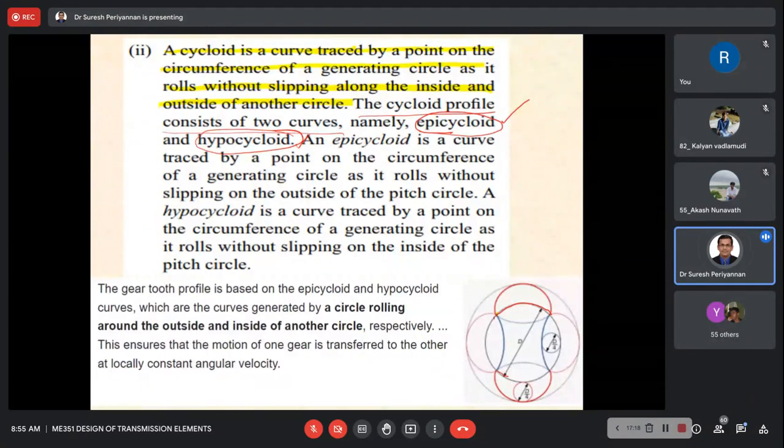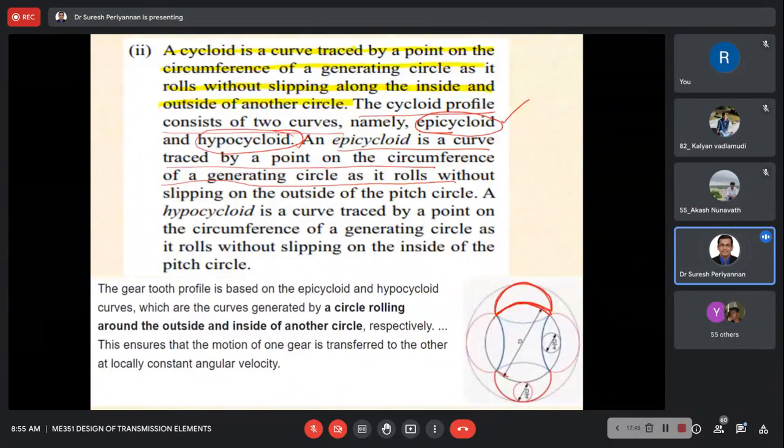An epicycloid is a curve traced by a point on the circumference of a generating circle as it rolls on this base circle without slipping, but outside the base circle.